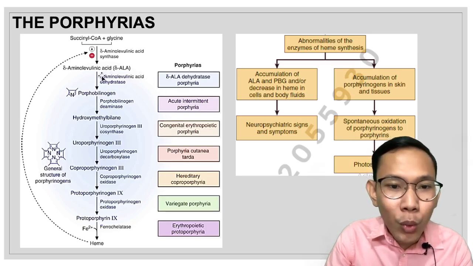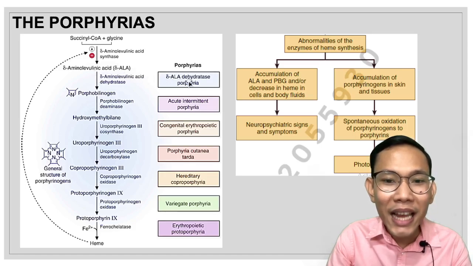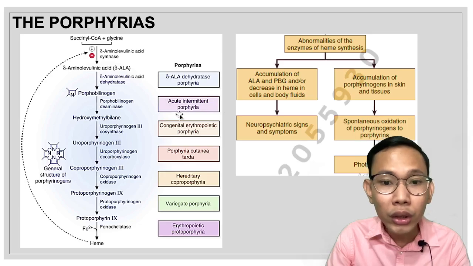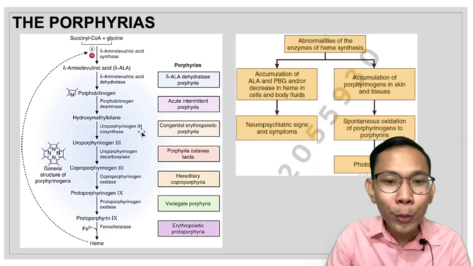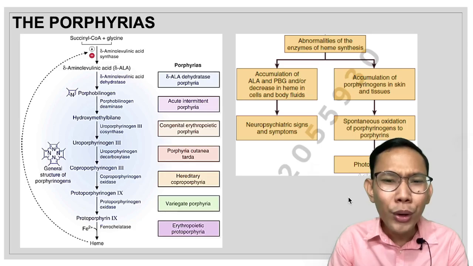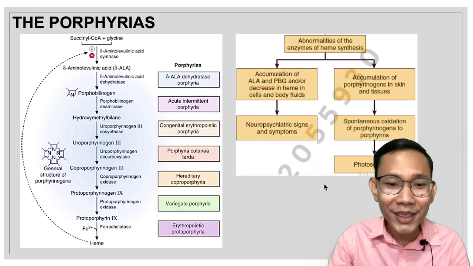Kumbaga, pag wala itong enzyme na to, nagkakaroon tayo ng ALA dehydratase porphyria. Pag wala itong porphobilinogen deaminase, nagkakaroon tayo ng acute intermittent porphyria. Pag nagkaroon tayo ng uroporphyrinogen III synthase, or wala ito or merong enzyme defect dito, nagkakaroon tayo ng CEP. Doc, do we have to memorize this, Doc? Ang daming-dami naman na porphyrias na yan.